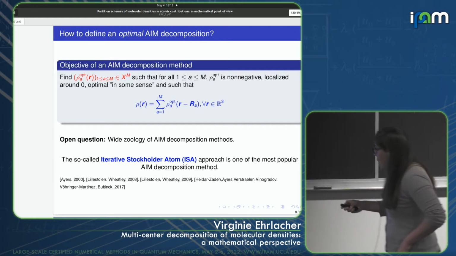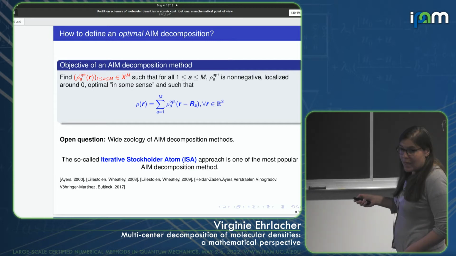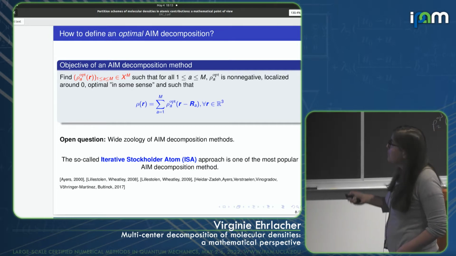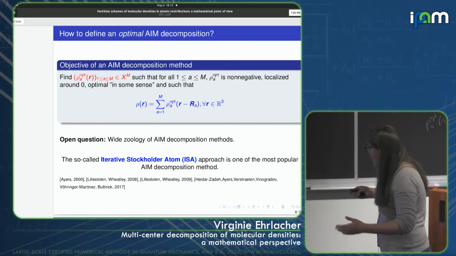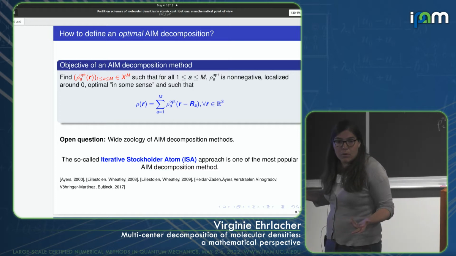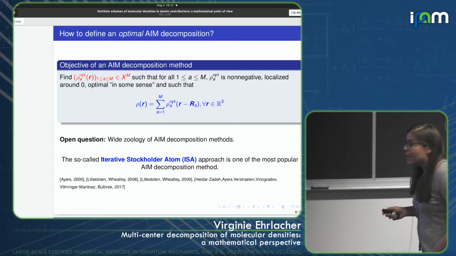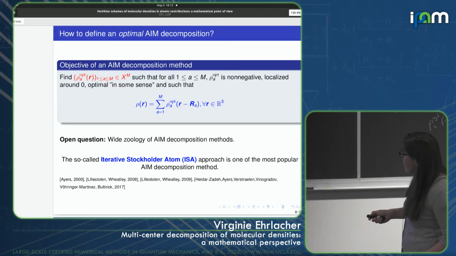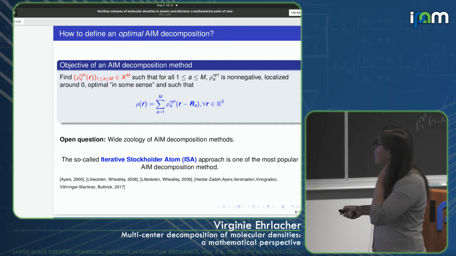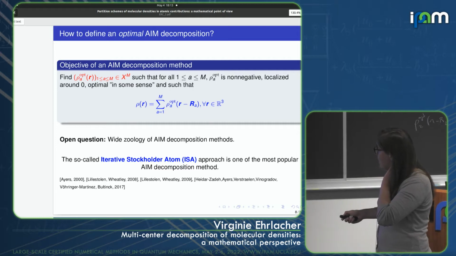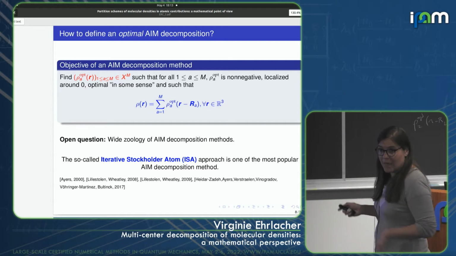Here, the ISA approach is one of these AIM decomposition methods which uses some kind of optimality criterion, which appears to be a nice one, but why is it a nice one? It's a mystery. It was in particular studied by Paul Ayers and Lillestolen and collaborators. And this last paper from 2017 is a nice review about this kind of family of methods.